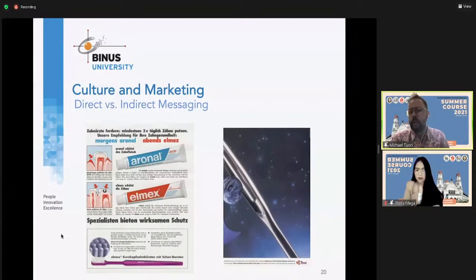Like in the UK, the messaging is very direct and clear, but it's done in a humorous way, not in a serious way. And you can have indirect messaging done in different ways as well, depending on where the country falls in the quadrants of these two dimensions.